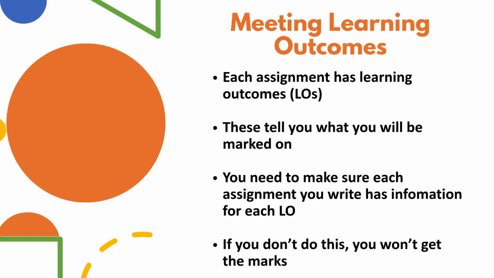So if your assignment has, say, three or four learning outcomes, you need to ensure that the information you use in your assignment is relevant to each learning outcome. When you review your assignment before submitting it, make sure that what you've written is related to these learning outcomes, because if you don't, then the person marking your work cannot give you the marks, because he or she can't find the information.